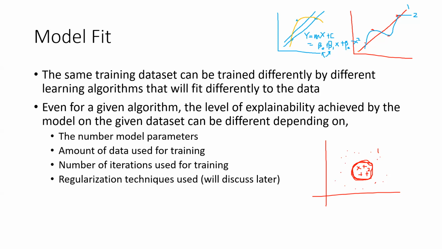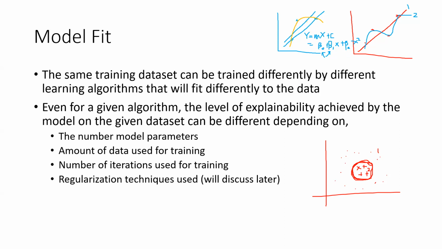Suppose this is the new line which has three parameters. Now this new model, this new learning algorithm with three beta parameters, can learn it much more accurately.